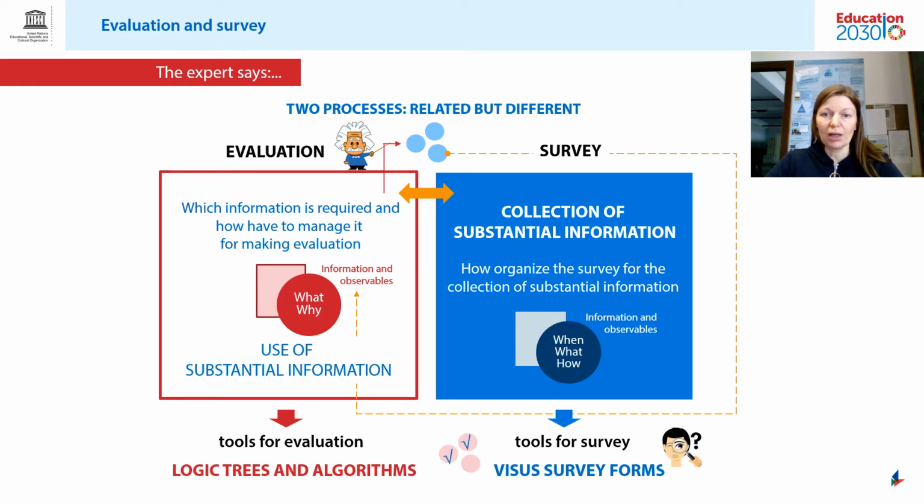So the survey process consists in the collection of the substantial information. This collection of substantial information is strictly connected to the evaluation process, as the substantial information to collect was defined by the experts, who used their knowledge in order to say which information is substantial and which information could be discarded during the survey.